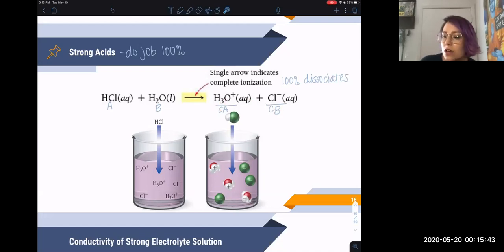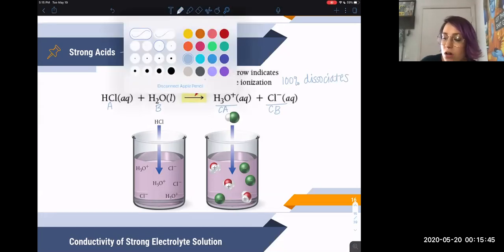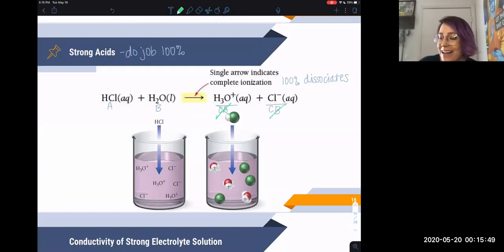So the conjugates of strong acids and bases never get to even act like that. So we don't really even consider them. Like chloride doesn't have any basic properties at all. Hydronium does have acid properties, but we're not going to talk about that. In this situation, these two things, they don't get to act like acids and bases.